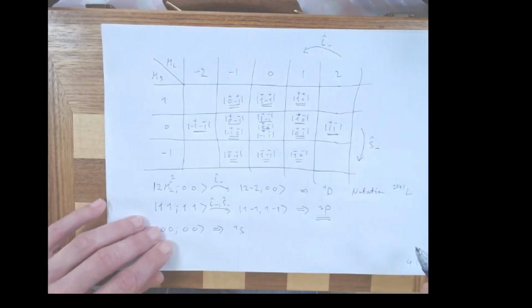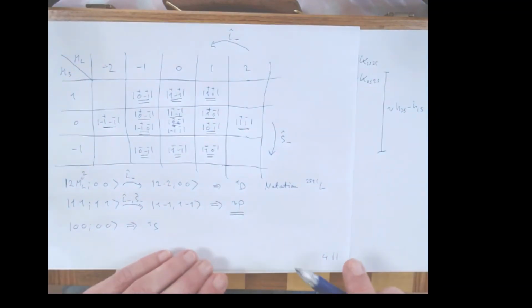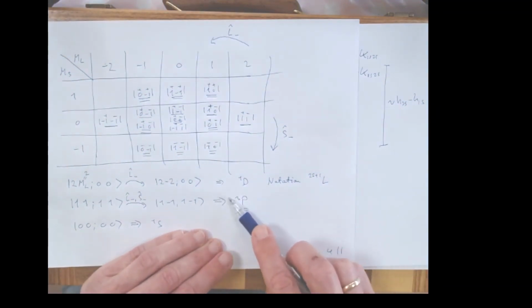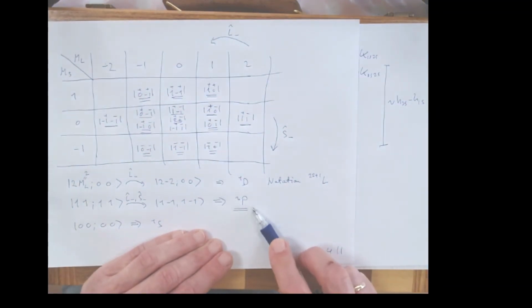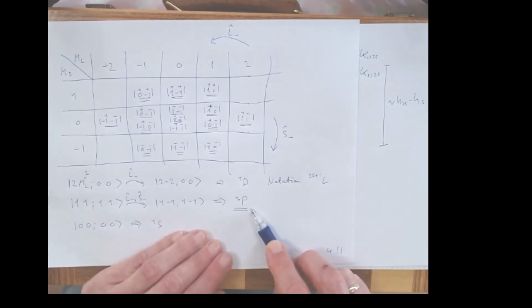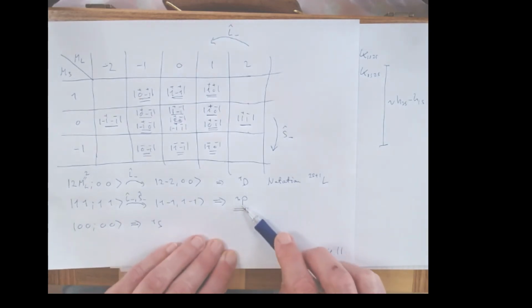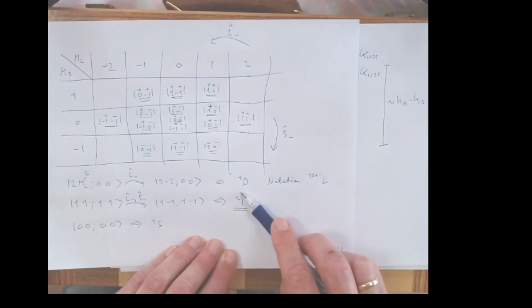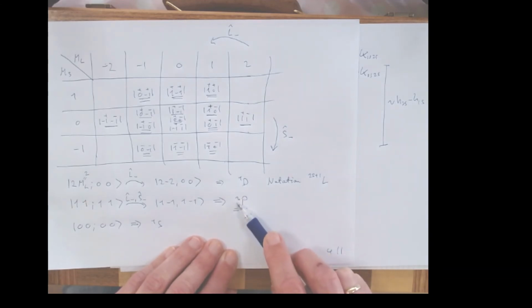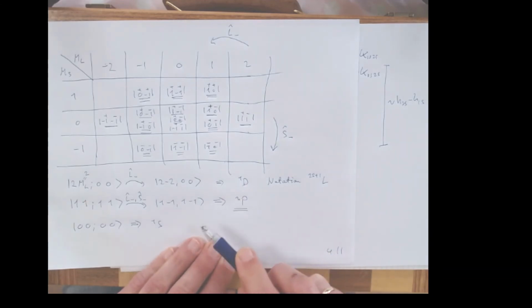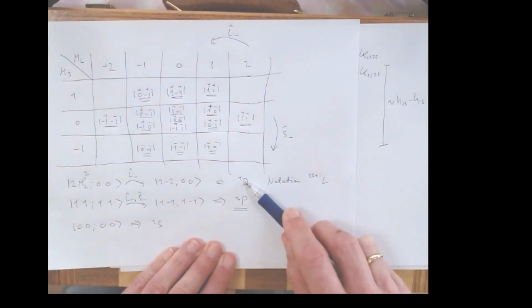And now we can actually understand why it's this triplet that is the actual ground state of the carbon atom. It's because in this case we have the maximal spin. This is a triplet, whereas these other terms are singlets.